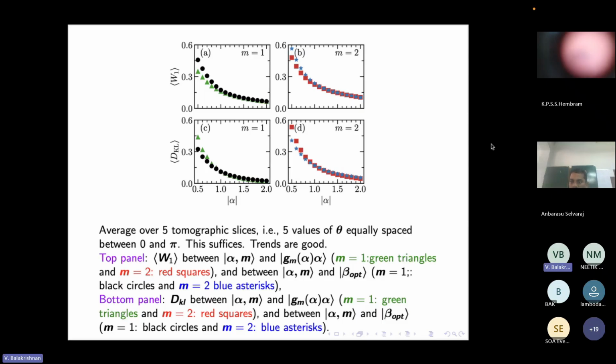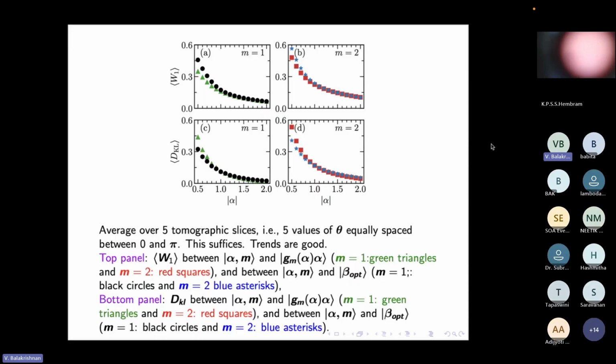So if you look at the top panel, this is the Wasserstein distance between alpha comma 1 and G1 of alpha alpha. So in the top panel, you have got the green triangles and the red squares. For m equals 2, and for m equals 1, the green triangles.